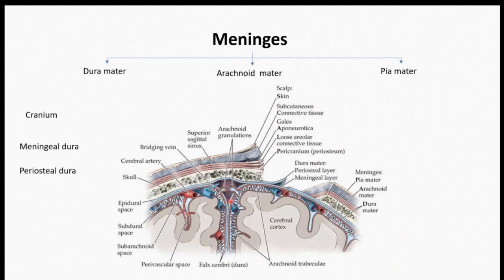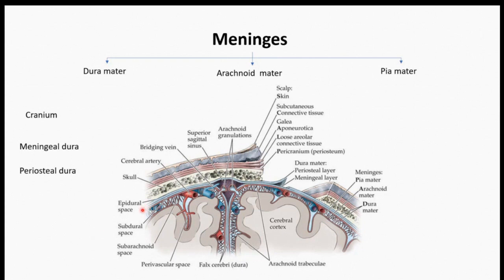And then the two opposing meningeal layers fuse together again to make the falx cerebri. The other places where we will see this are the falx, the tentorium, and the rest of the sinuses, which are places where the two layers of the dura are separated from each other.